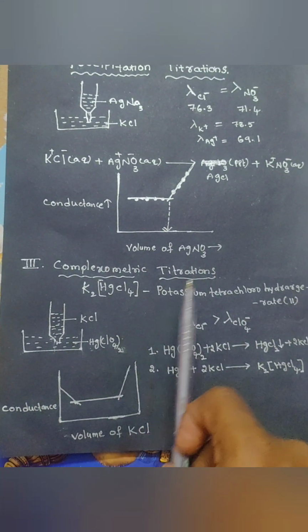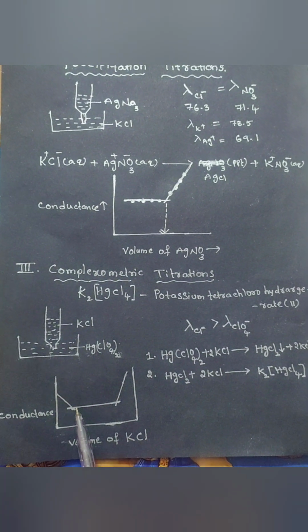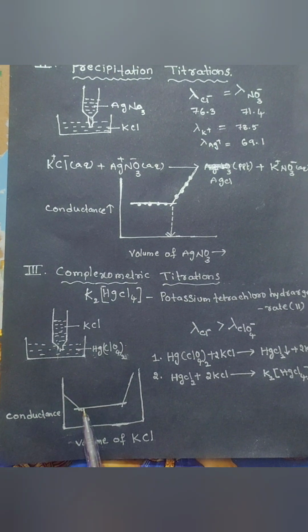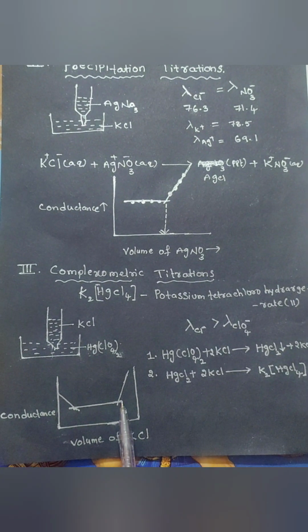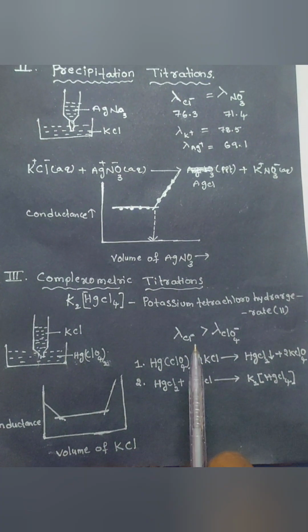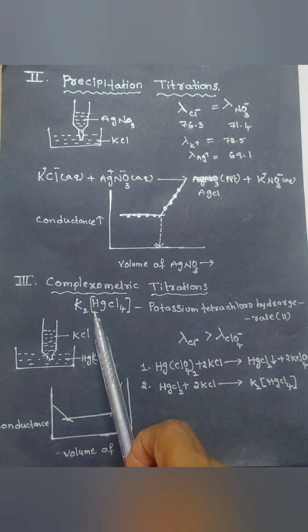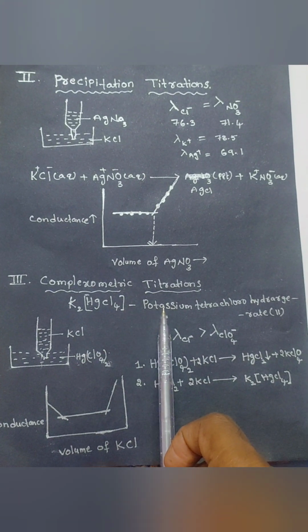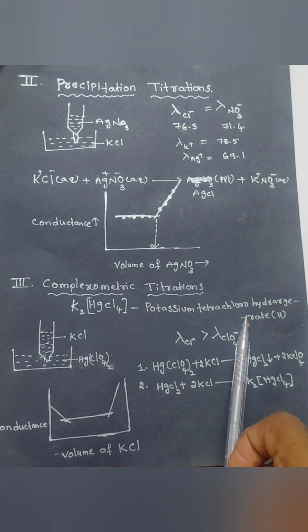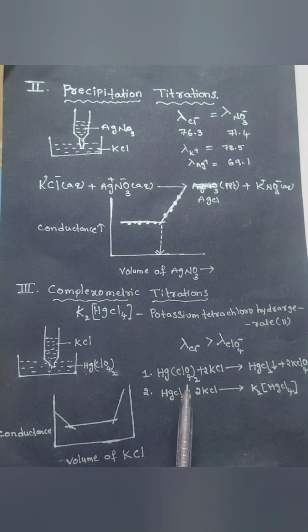Here in this titration, we observe two types of endpoints like this. Here, why? Because the formation of this complex compound, that is potassium tetrachloromercurate, occurs in two steps.